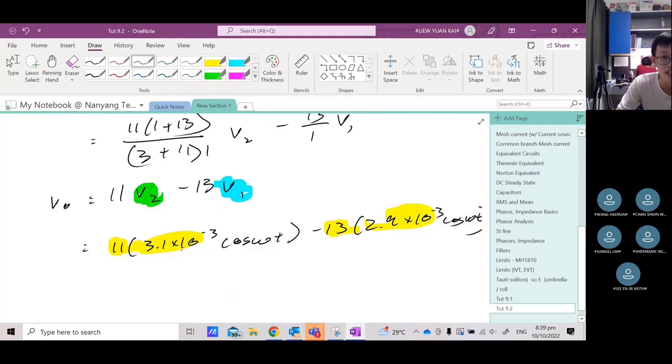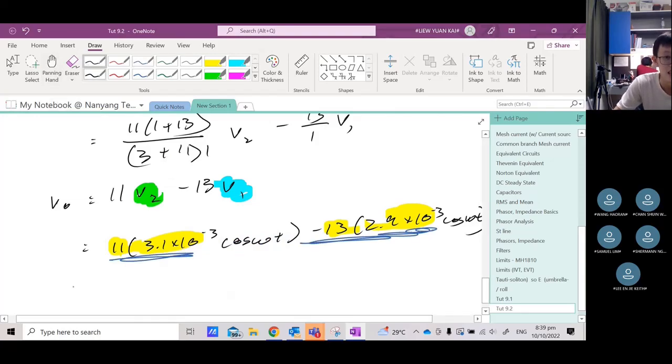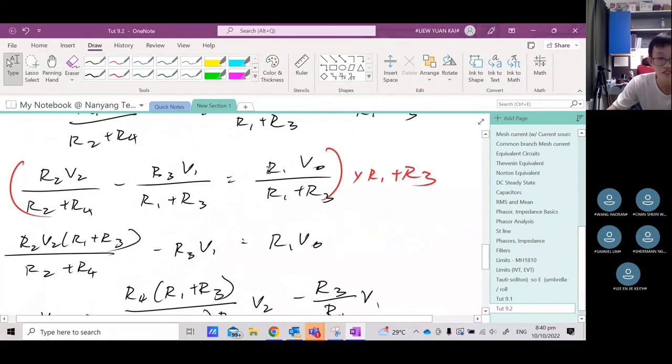When you calculate this, you take this minus this, and at the end of the day, you should get negative 3.6 times 10 to the power of negative 3 cosine omega t. Yeah. So that's your answer. I know it's quite off-putting with all this algebra, but you will come to realize that it is not too bad.